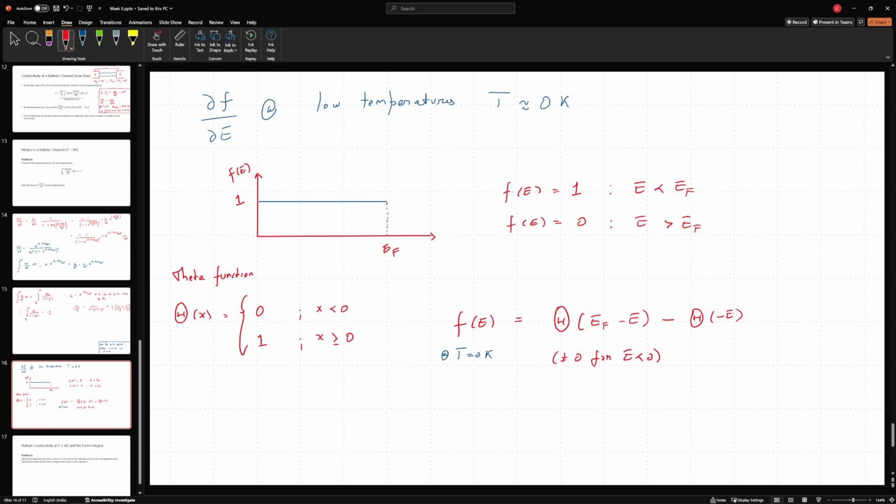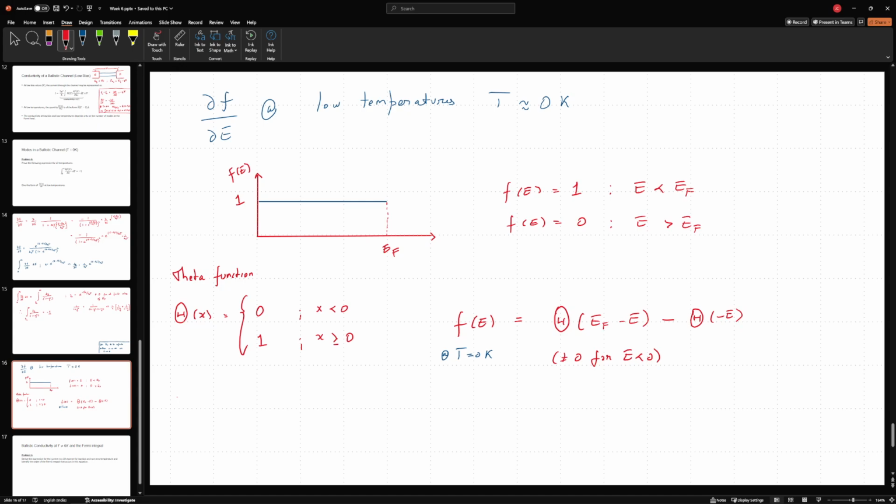So this will give me the total form of the Fermi distribution function in terms of a closed form expression, the theta functions.